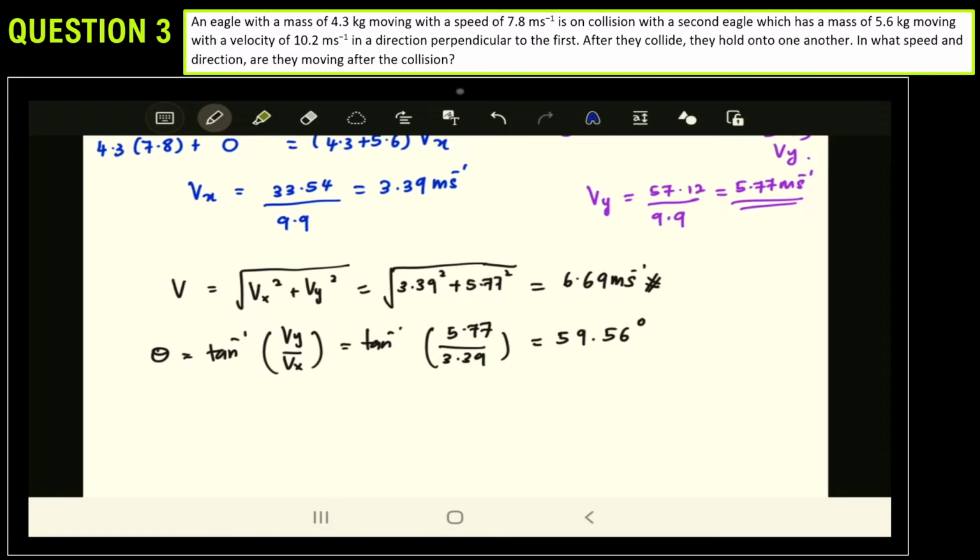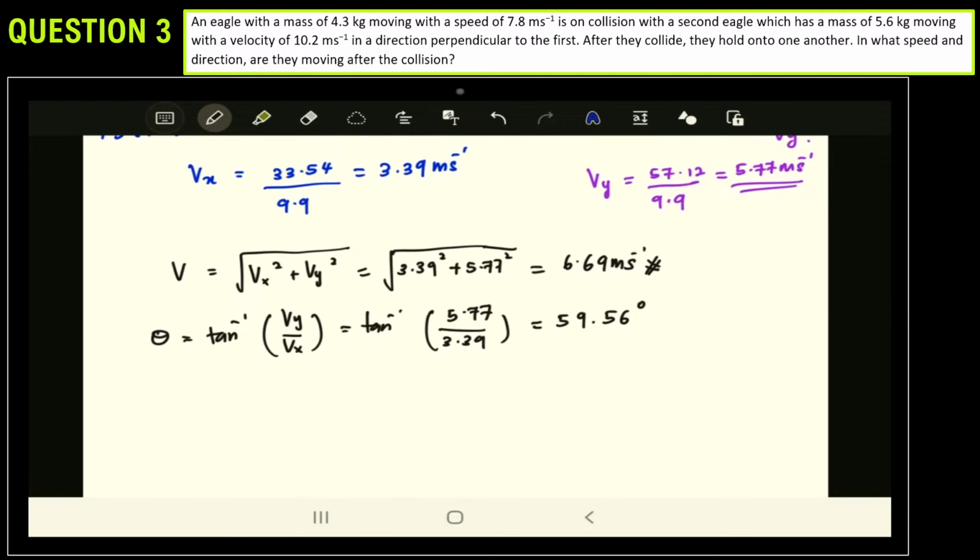Okay, so in what direction? You can see here. Macam mana kita nak tahu after pelanggaran dia bergerak ke mana. Okay, so look at here, Vy is positive value and Vx also positive value.